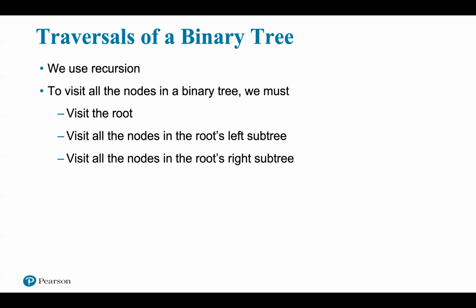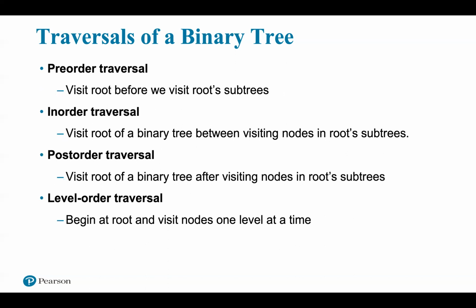Whether we visit the root before, between, or after visiting these two subtrees defines three common orders for a traversal. In a pre-order traversal, we visit the root before we visit the root's subtrees.